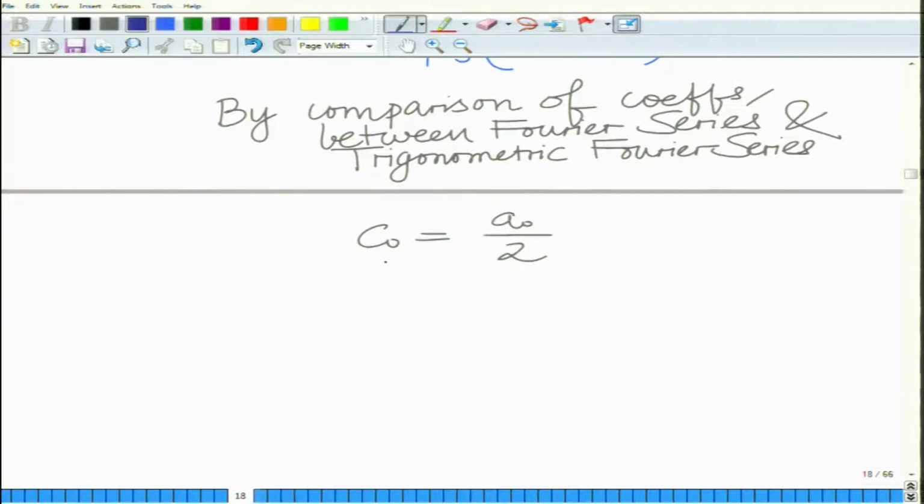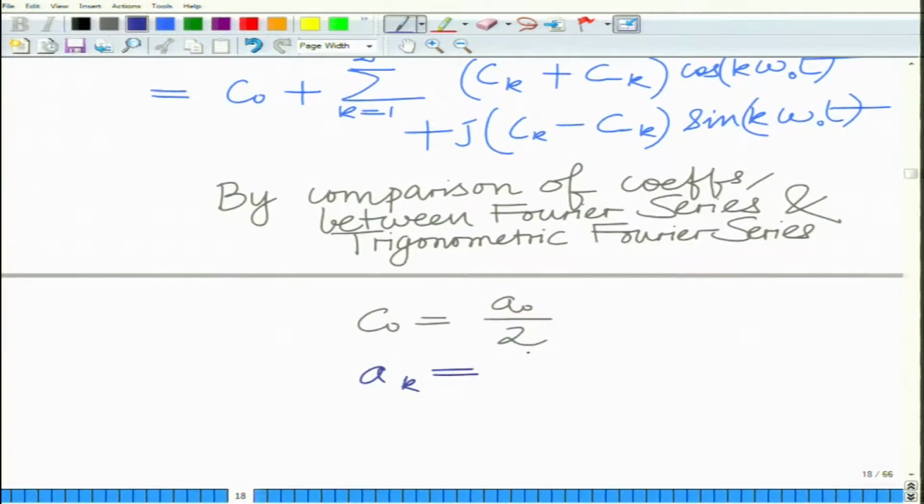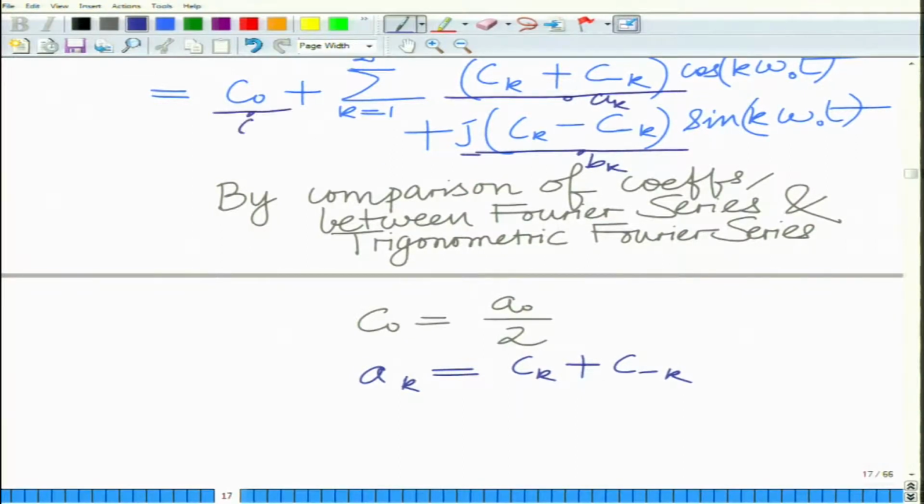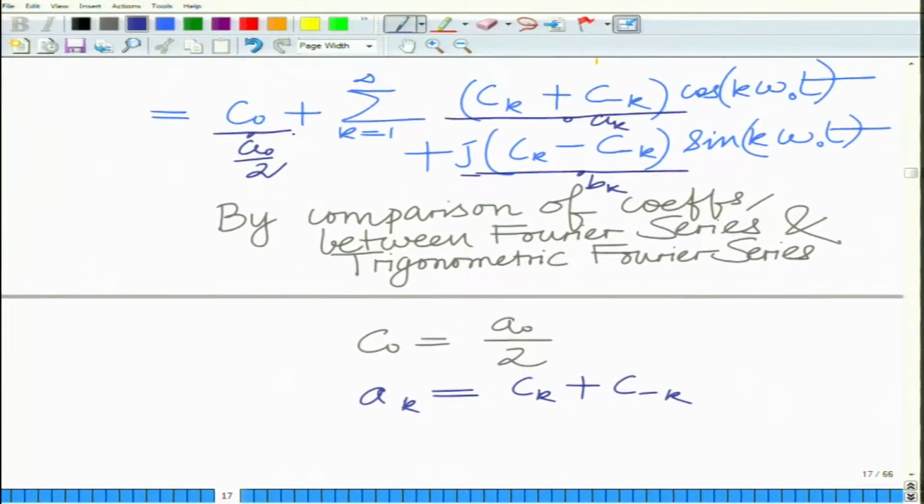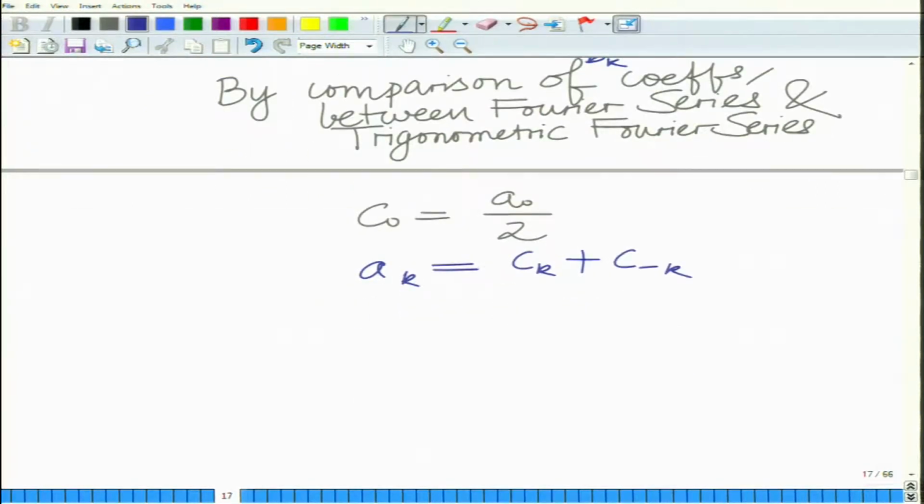And you can see A k, the coefficient of cosine k omega naught t, is equal to Ck plus C minus k. Look at this, this is your A k and this is your B k, that is the coefficient of sin k omega naught t. So, C naught equals A naught by 2, A k equals Ck plus C minus k, and B k equals j times Ck minus C minus k.